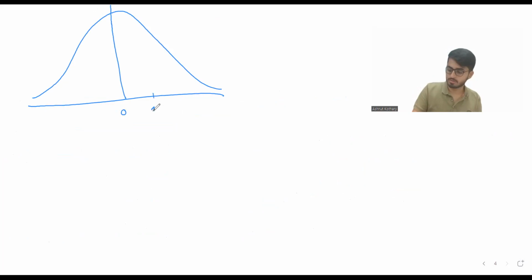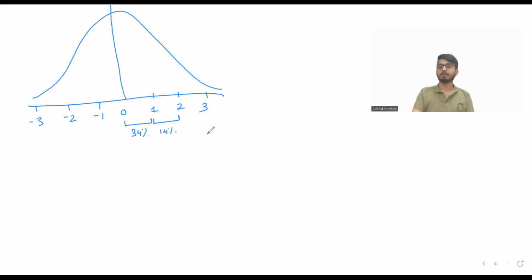This is the point 0, this is point 1, this is point 2, say this is point 3, minus 1, minus 2, minus 3. Now, approximately 34% of values reside in the interval 0 to 1. Approximately 14% of values lie in the interval 1 to 2. And approximately 2% of the values lie in the interval 2 to 3.